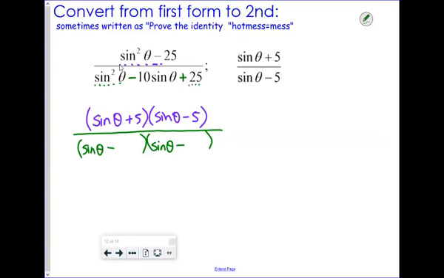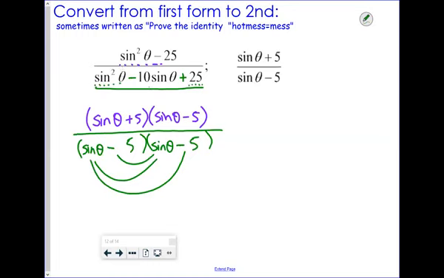What are your obvious factors of 25? Well, 5 and 5. Does that give me sine squared theta minus 5 sine theta minus another 5 sine theta? It does give me minus 10 sine theta, and the last is minus 5 times minus 5, which does give me plus 25. So I have factored it correctly. Check it in your head first.